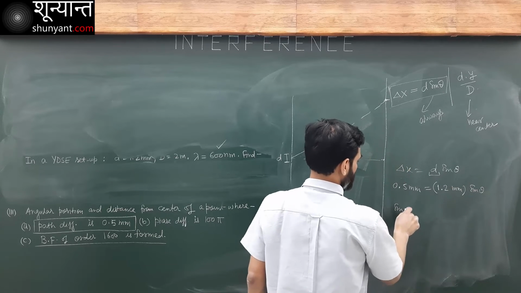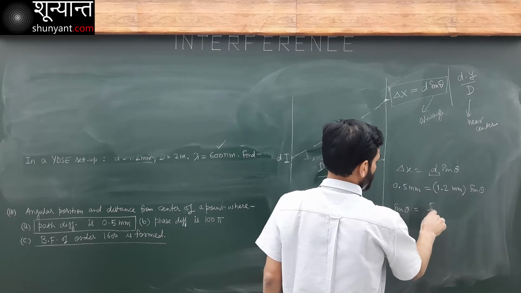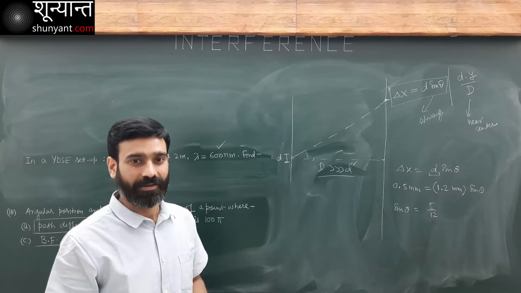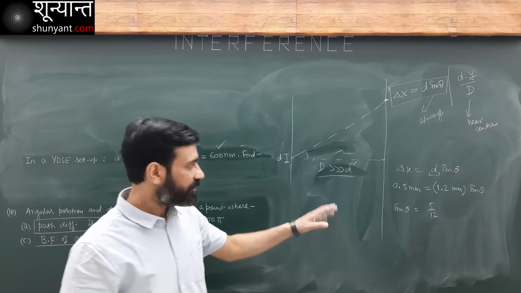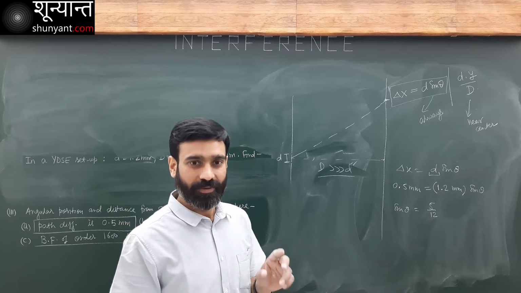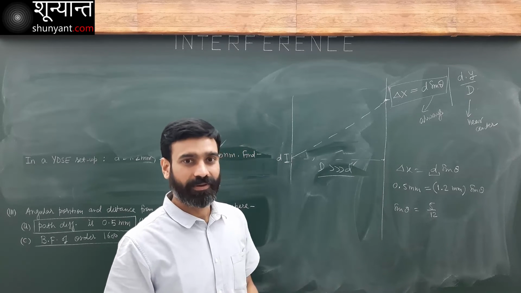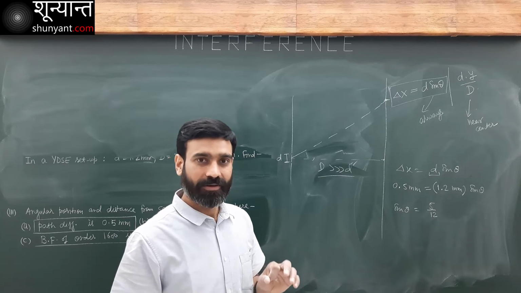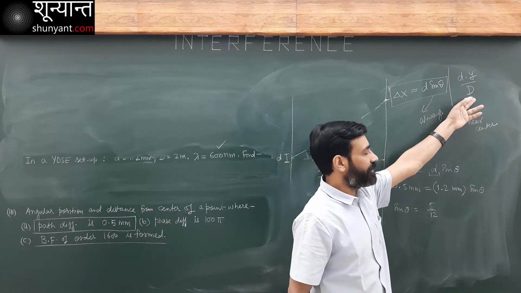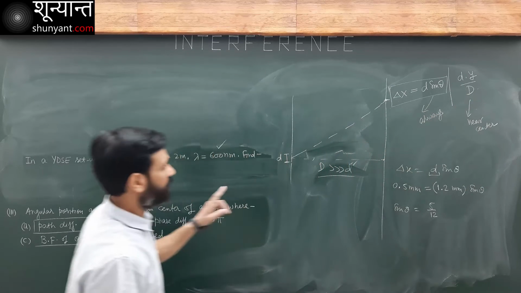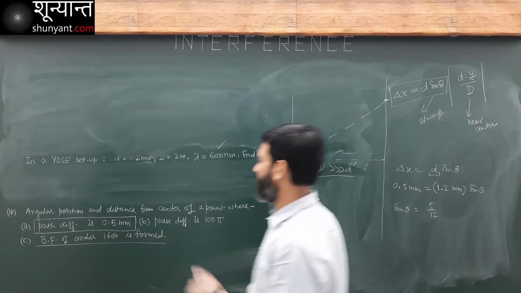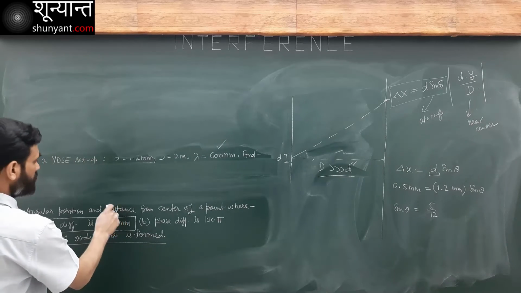What is sin theta? Sin theta is 5 over 12. This certainly is not a small angle. It will be close to 30 degrees, where sine is half. It certainly is not near the center, so I cannot apply this.